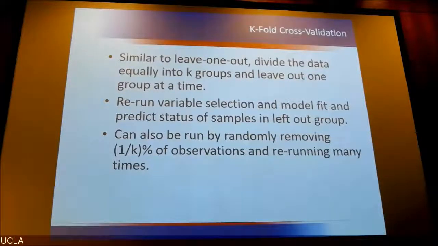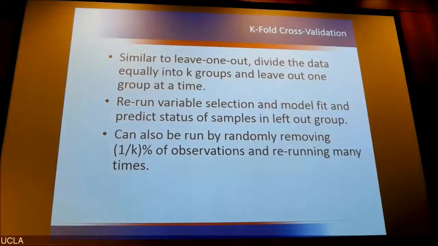So for k-fold cross-validation in general, we divide the data set into k separate groups and leave out one group at a time. Within the k-1 groups that are left, we reconstruct the model, and on the basis of that final model, then make predictions about the status of the left out cases. So this k could be 5, it could be 10.